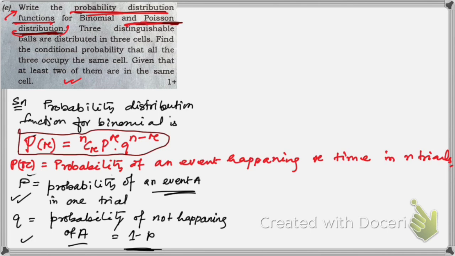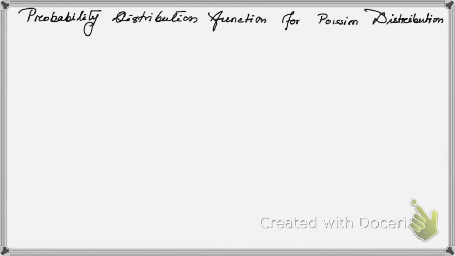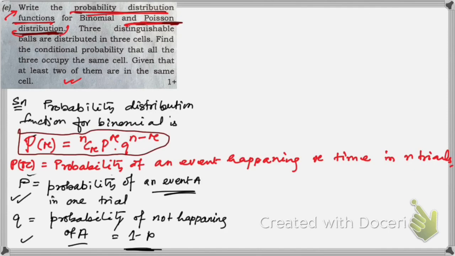Now here you see the probability distribution function for Poisson distribution. It is nothing but a particular limiting form of binomial distribution, when P and Q are very small and n is very large.